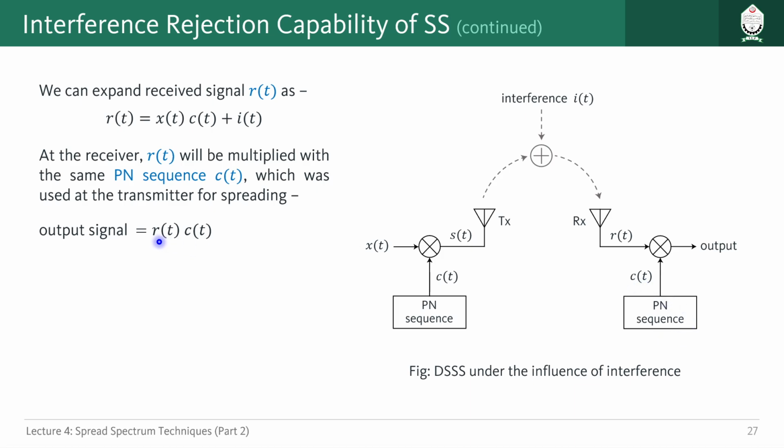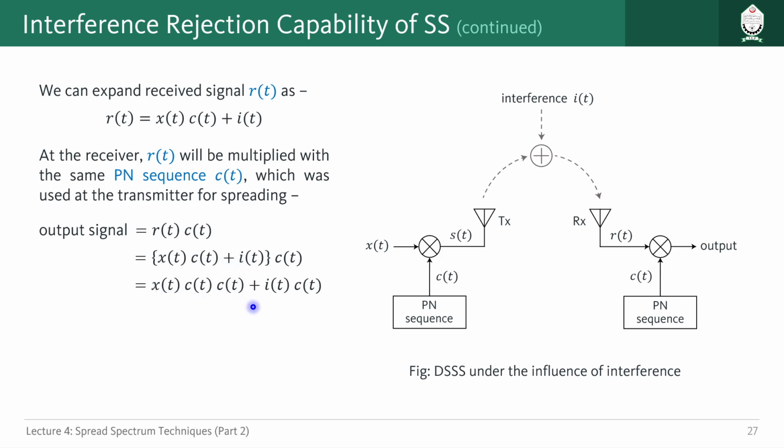So we are multiplying with C of t to get the output signal here. Let us expand that expression. So x of t C of t plus I of t is R of t, that is written here. Let us try to expand it even more. So we have the final expression like this. We are just multiplying with C of t.